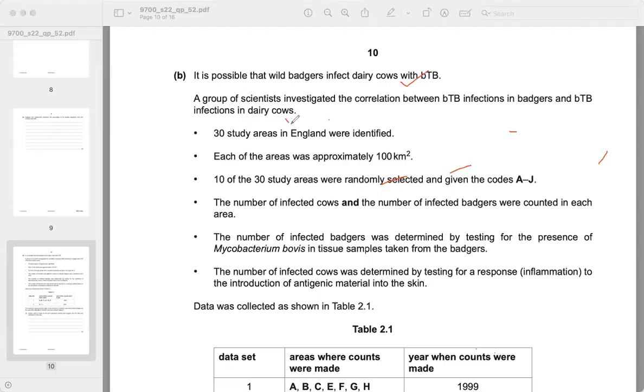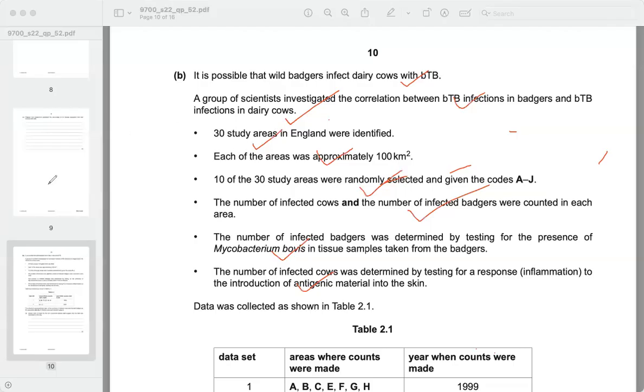A group of scientists investigated the correlation between BTB in cows as well as the badgers, and there were 30 study areas. So here they are doing approximation random selection. The number of infected cows and number of infected badgers were counted, and the infection in cows was determined by testing for response.